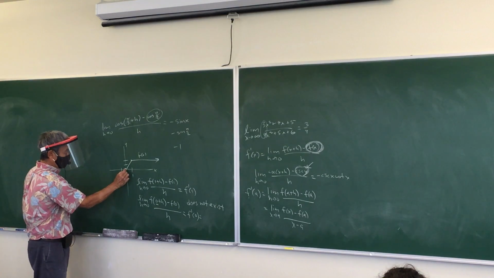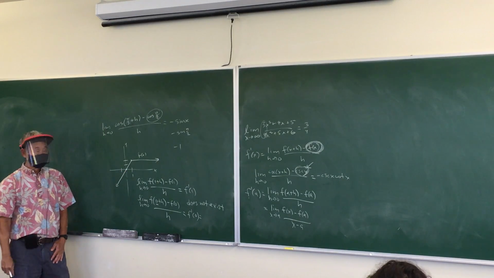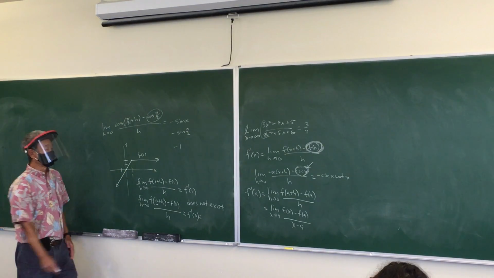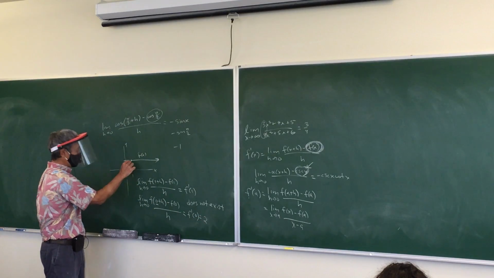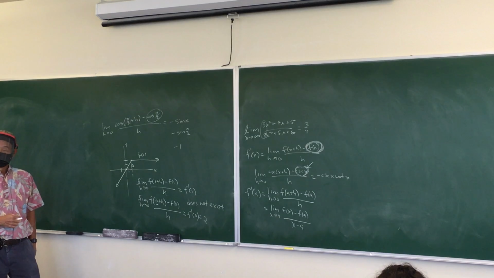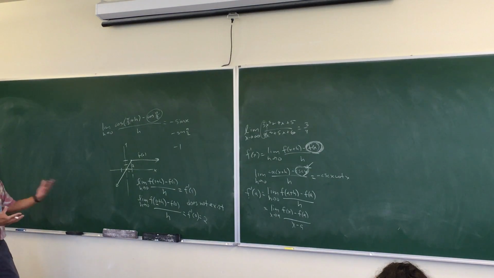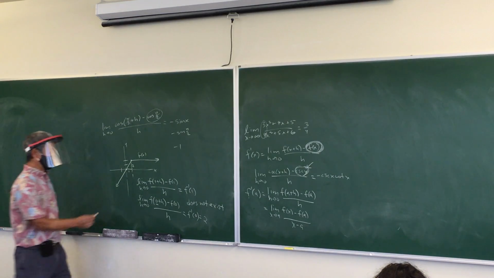So here's 0, right there. What is the slope of the graph right at that point? It's 2, because the slope is rise over run, 2 over 1, 2. Slope is one of the most important concepts in calculus. Derivative means slope.